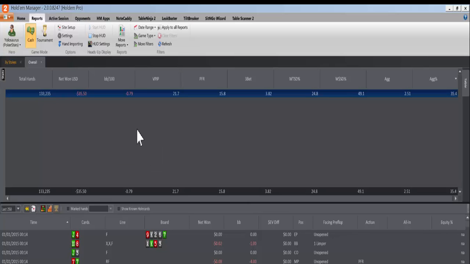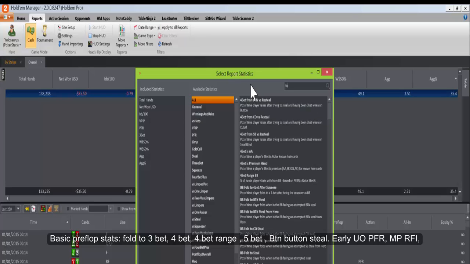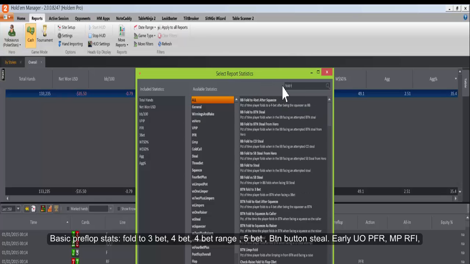So let's right click this, click on report statistics. Yeah, so we want to be adding a lot more stats. So this is what you should be doing. Firstly, we want to be looking at fold to 3-bet. You can just type it in the search bar.